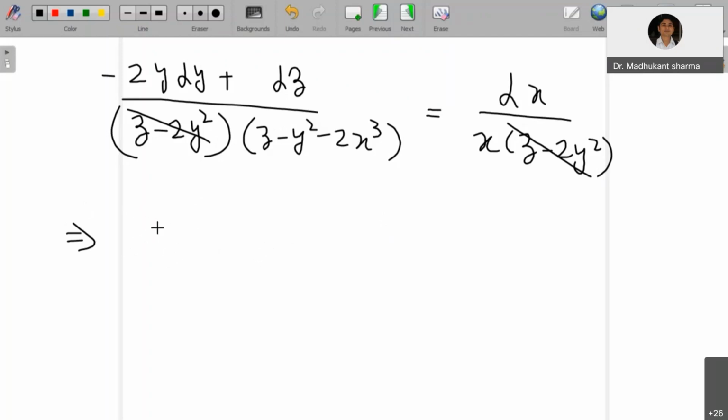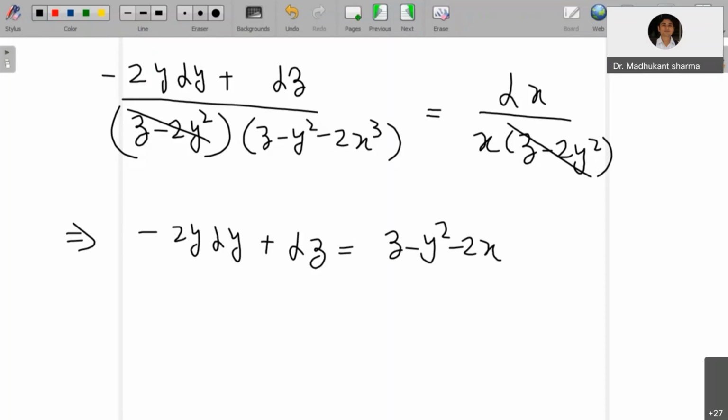So you have minus 2 by y plus dz is equals to z minus y square minus 2x cube divided by x dx.